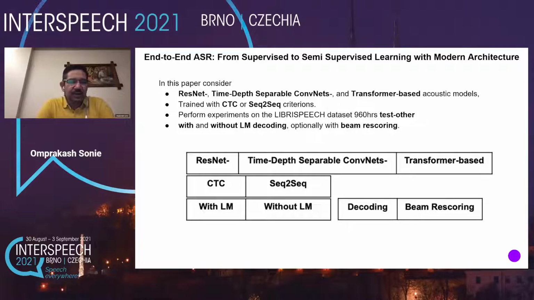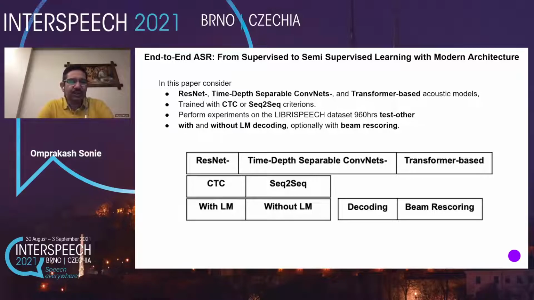The training could be done with either the CTC or the seq-to-seq criterion. The data set we have chosen is the LibriSpeech data set, which is 960 hours, so it is a reasonably good data set. It is evaluated without language model decoding, and optionally with beam search rescoring.